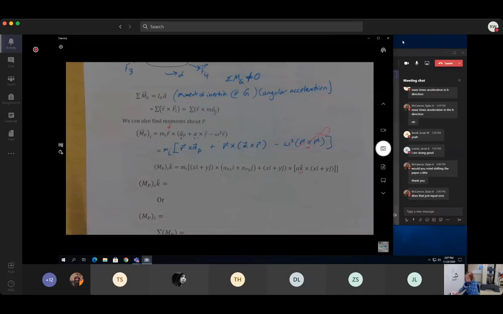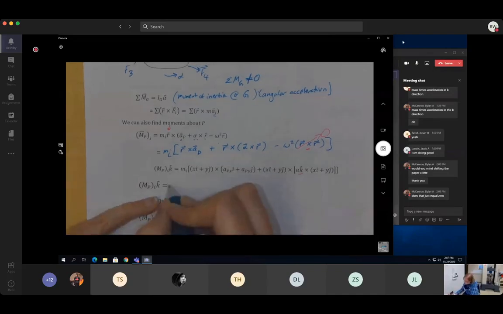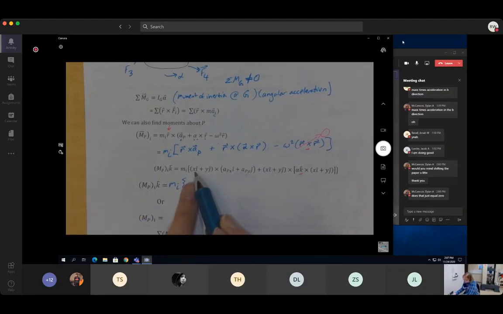Okay, so if we start to do that, we have M sub I on the outside. Then we have X in the I hat direction. We could multiply by the X component of AP. What does that get us? X crossed with X gives us 0.